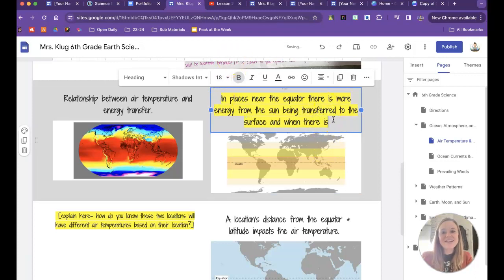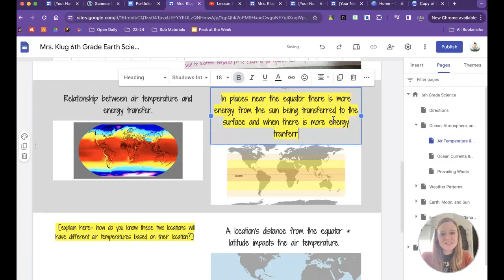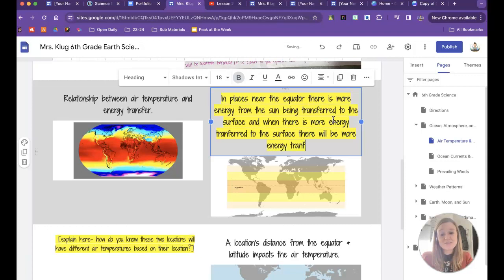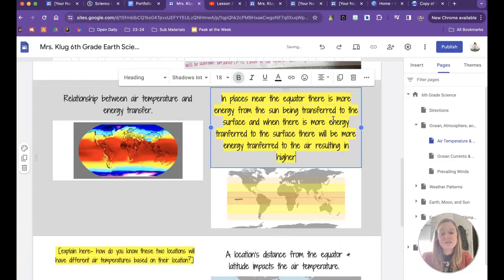When there is more energy transferred to the surface, there will be more energy transferred to the air, resulting, meaning that that's what the end result will be, in higher temperatures.